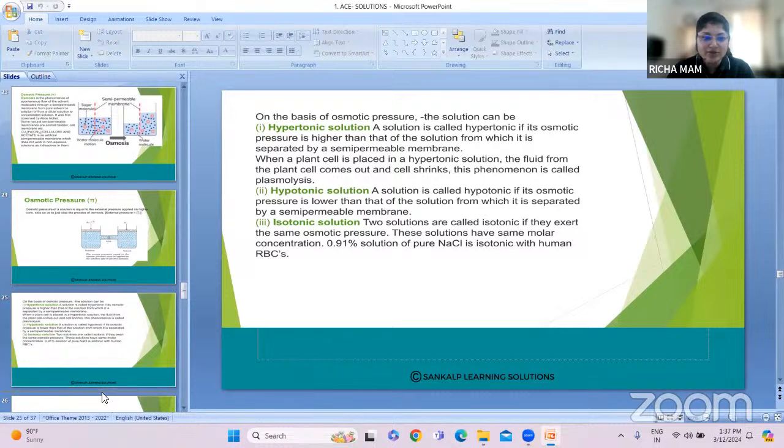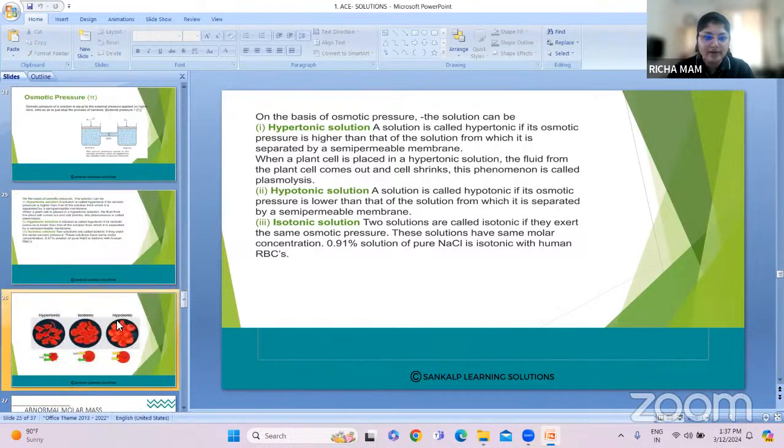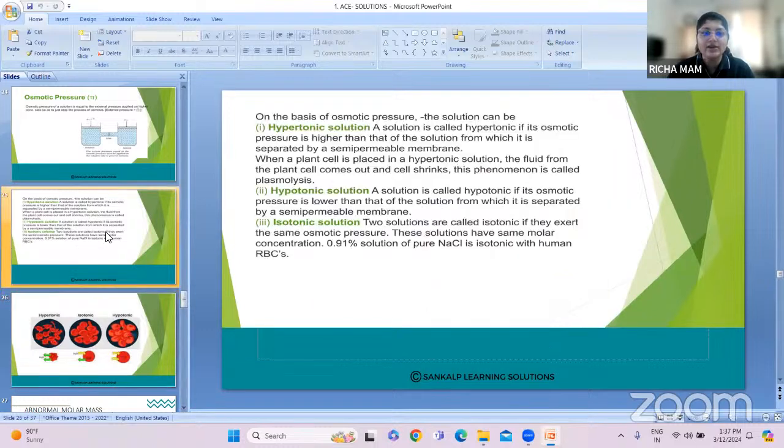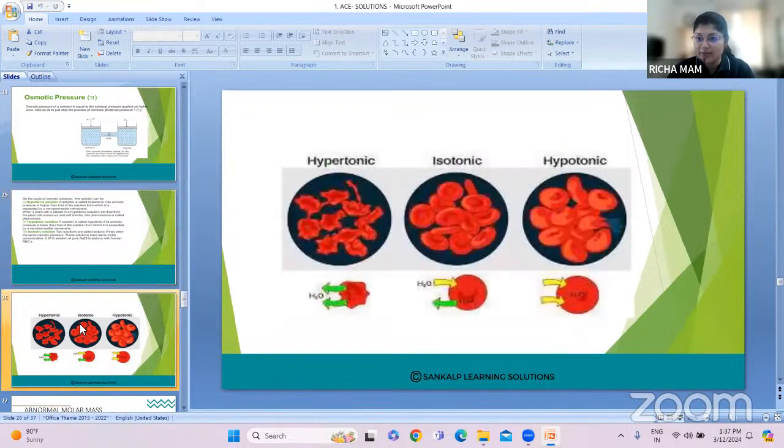Whenever we compare two solutions and their osmotic pressure is the same, that osmotic pressure is nothing but concentration. As we have seen, osmotic pressure is directly proportional to concentration.